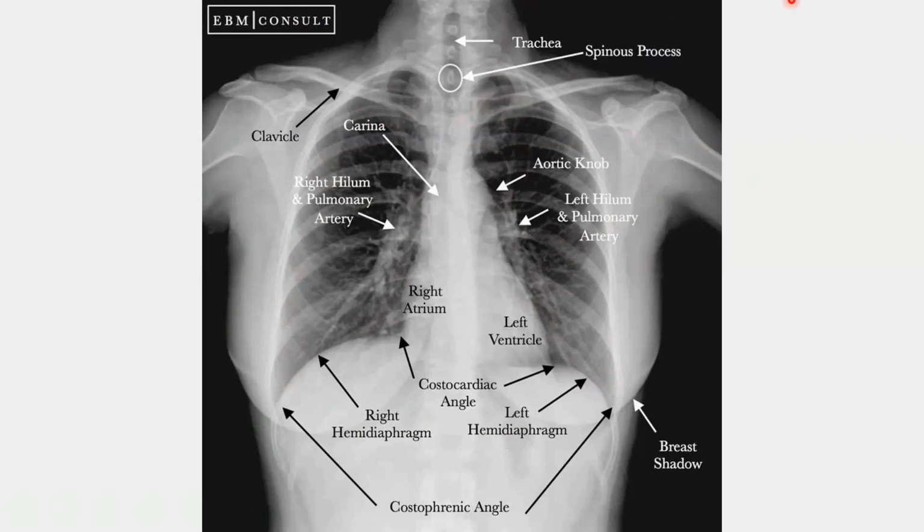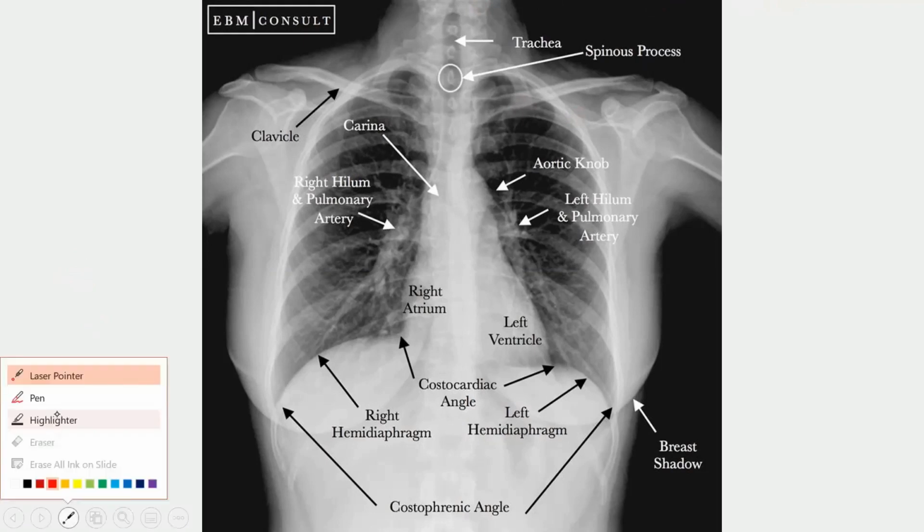What color do you see air, by looking at this picture? Yes, someone has typed black, because air typically has no density.